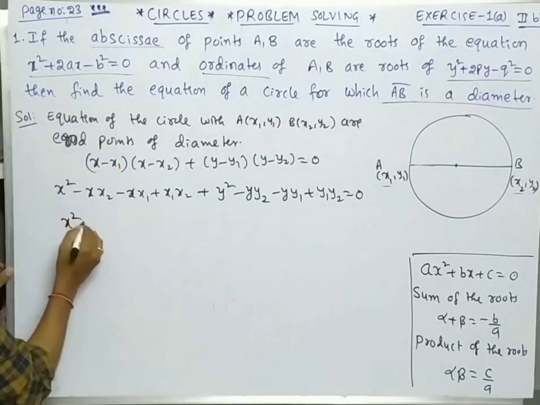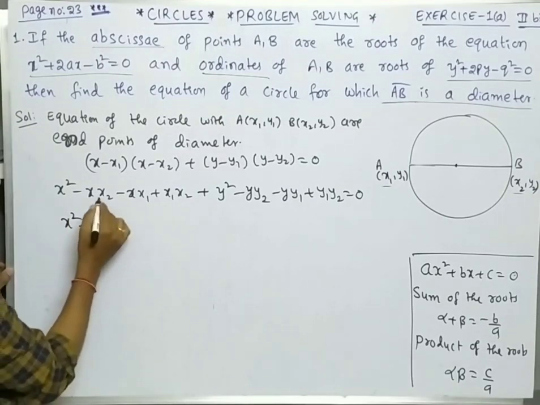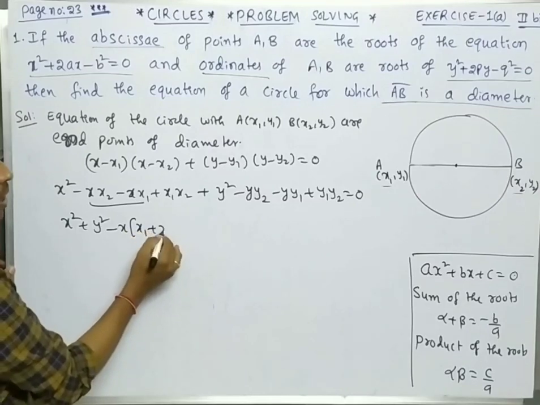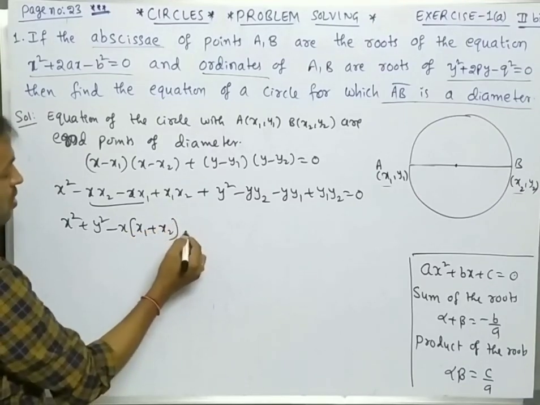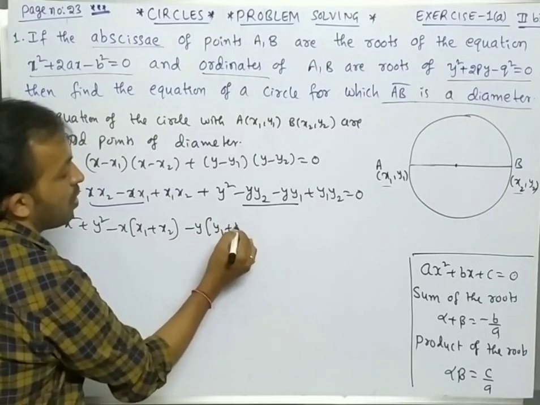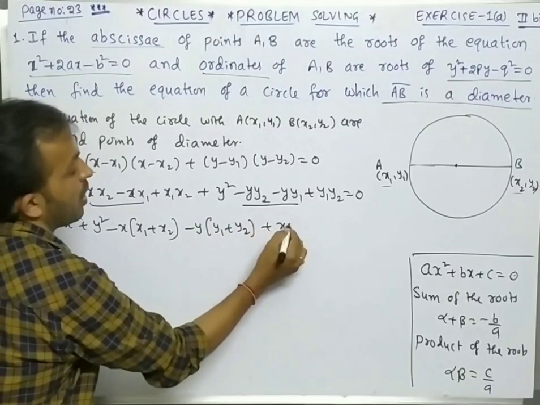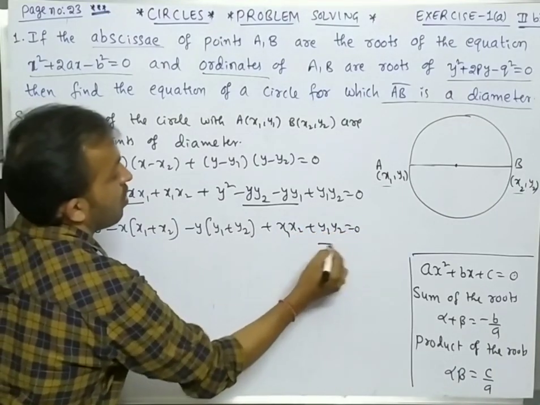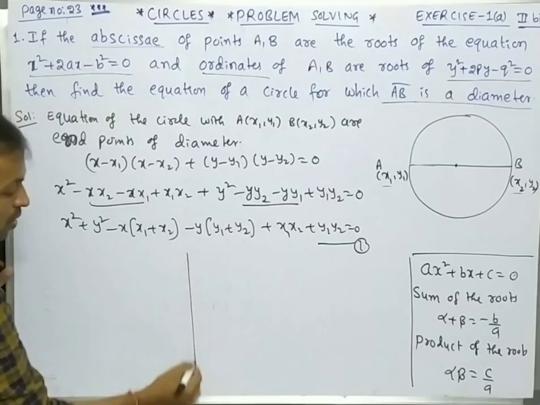So here we have x square plus y square, and in these two terms minus x is common, what remains is x1 plus x2. In the other two, minus y is common, what remains is y1 plus y2. Finally, plus x1 x2 plus y1 y2 is equal to 0. This is equation number 1.